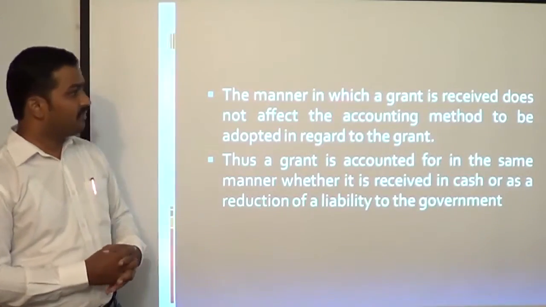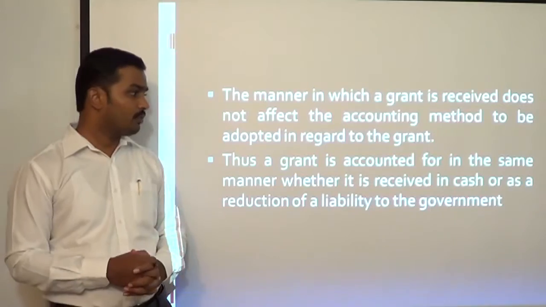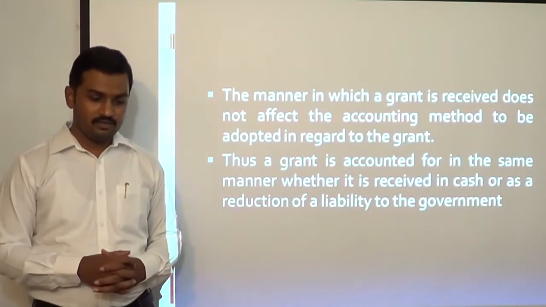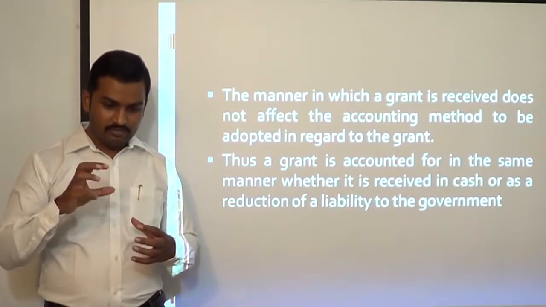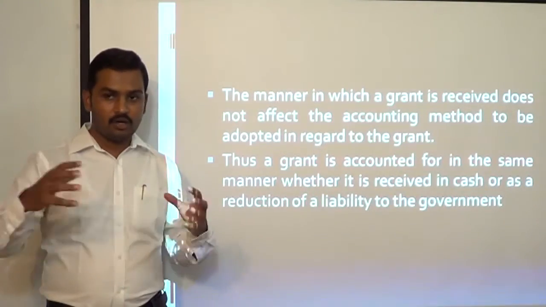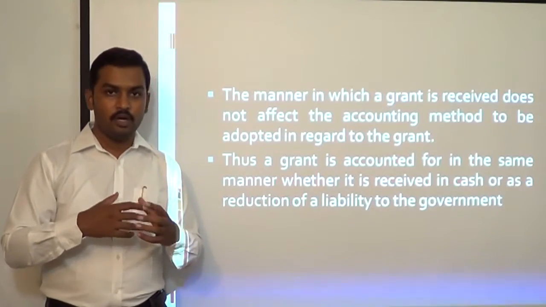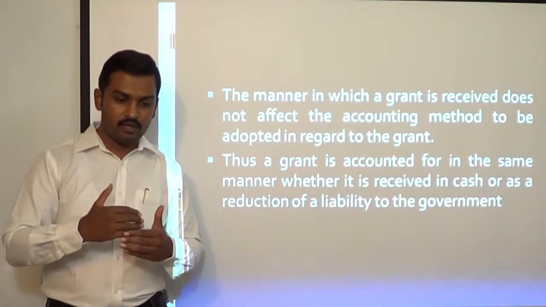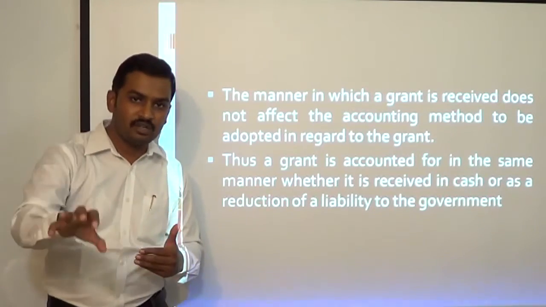Next, the manner in which a grant is received does not affect the accounting method to be adopted in regard to the grant. Sometimes the government grant can be received in various ways. Sometimes the government grant can be cash, or the government grant can be a transfer of a non-monetary asset which we value at fair value. Or sometimes the government can say, boss, you have a loan which you have to repay to the government, we will give you the grant in the form of reduction of that liability.